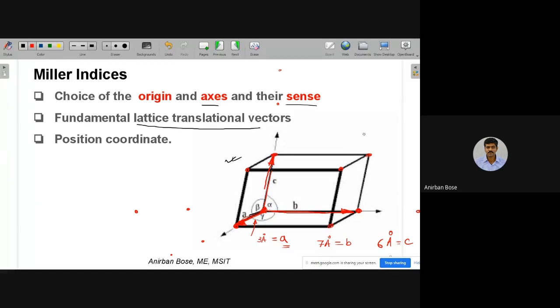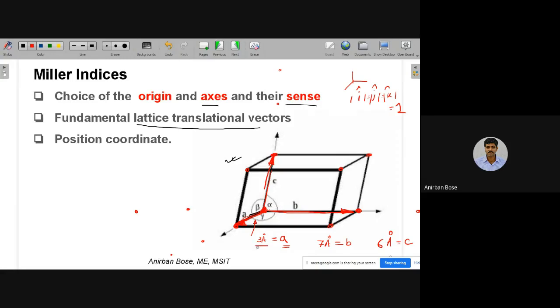So in a Cartesian coordinate system, in the X direction, in the Y direction, and in the Z direction, you know the unit vectors are i, j, and k. And you know the magnitudes of all the unit vectors are the same and equal to 1. But here you can see the unit vectors have different magnitudes.